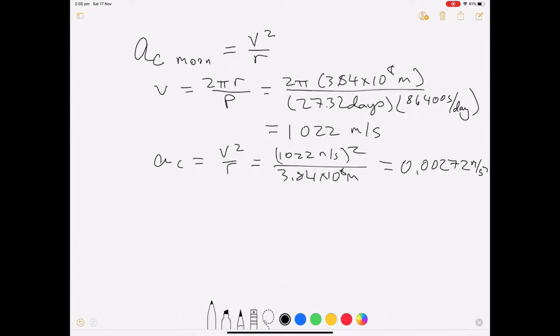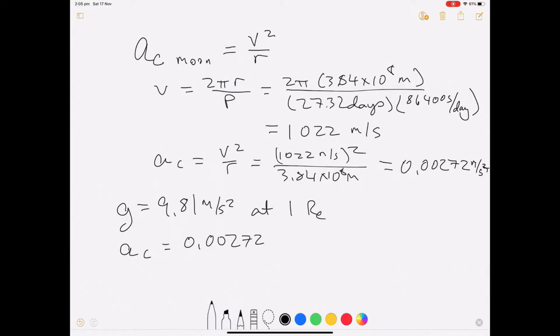Now that number doesn't look like too much, but if you look at the gravitational acceleration at Earth's surface, that's 9.81 meters per second squared. And that's at 1 Earth radius. The acceleration for the moon is 0.00272 at 60 Earth radii.